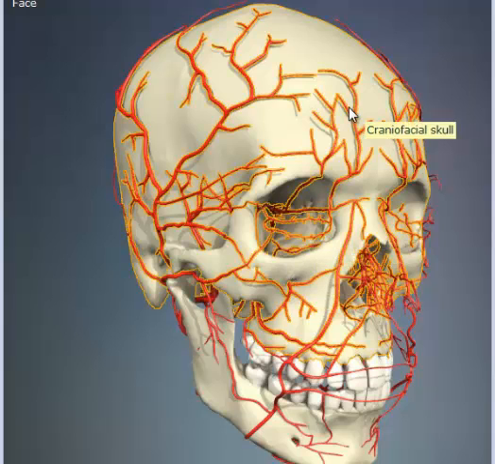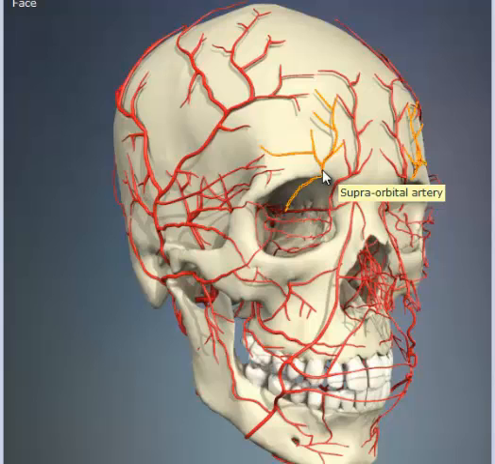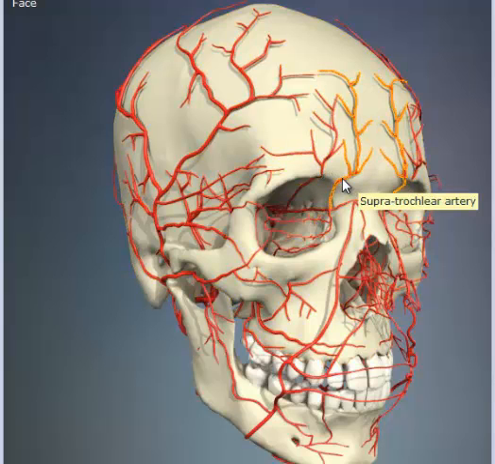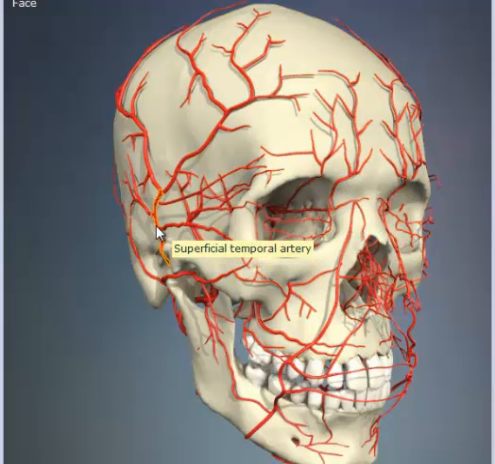And the supraorbital artery is here, and the trochlear artery is here, supratrochlear artery, and superficial temporal artery is over this way. Okay, so you got your facial, which turns into angular, the infraorbital, supraorbital, this guy trochlear, and superficial temporal.